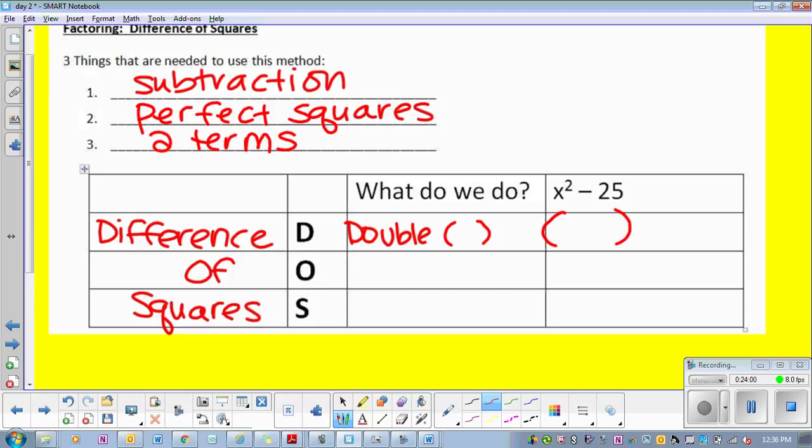That means we have this, double parentheses, right? O, opposite signs. All right, opposite signs. So inside your double parentheses, you're going to have 1 plus and 1 minus. Opposite signs.